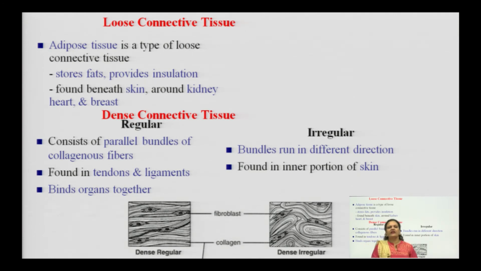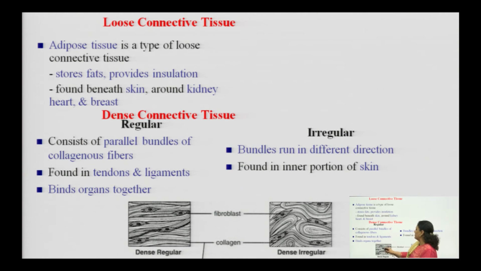While in case of irregular dense connective tissue, here the bundles of fibers run in different directions. That is why the name is irregular. This is found in the inner portion of the skin. Now, coming to the diagram, you will see the structure of dense regular connective tissue, students.